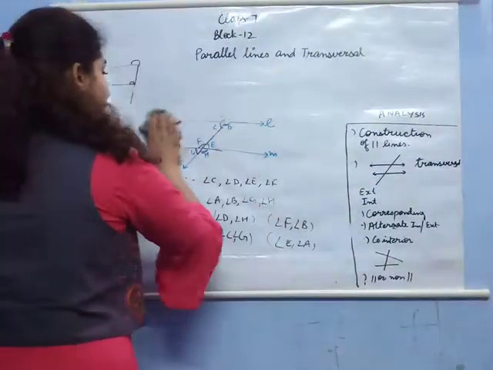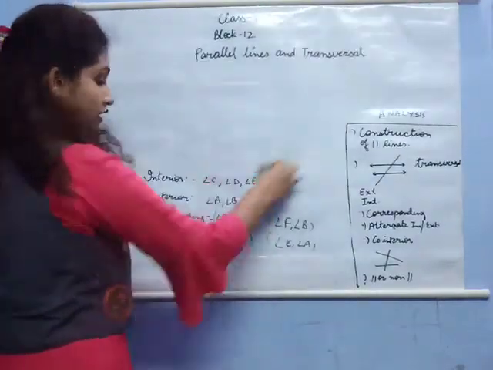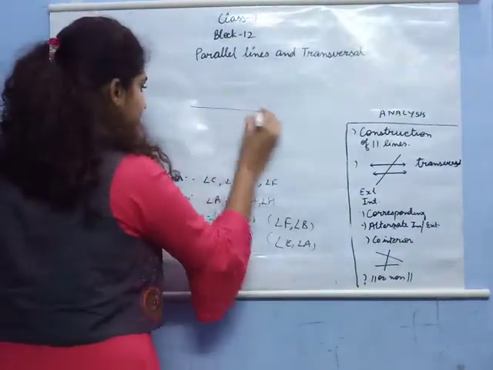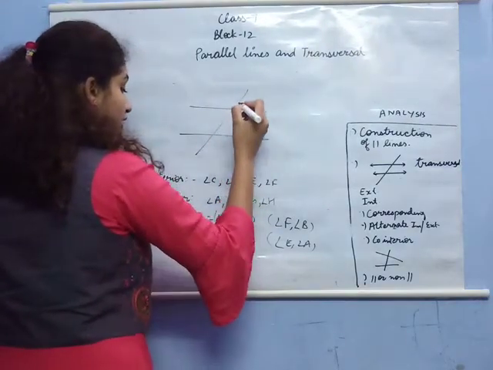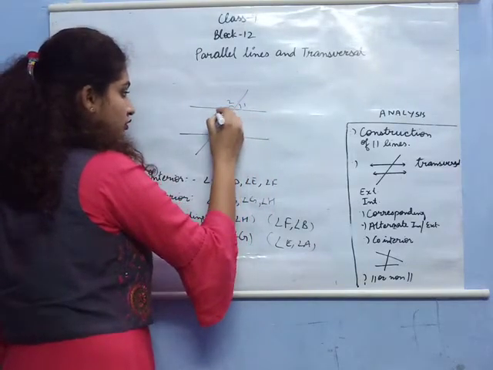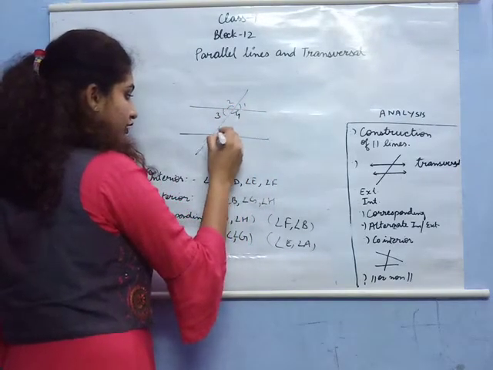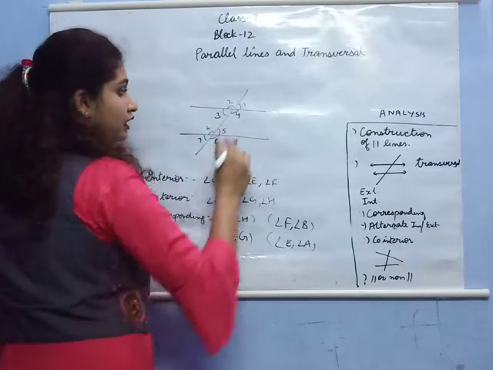Let's do some brain drill, whether you are able to identify the corresponding angles or not. See here. Name them 1, 2, 3, 4, 5, 6, 7, 8. Right? Now this is the transversal.